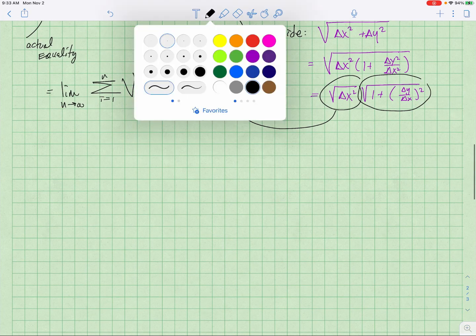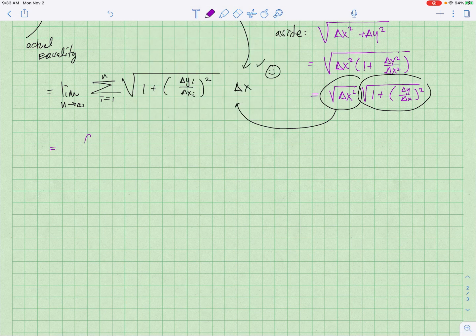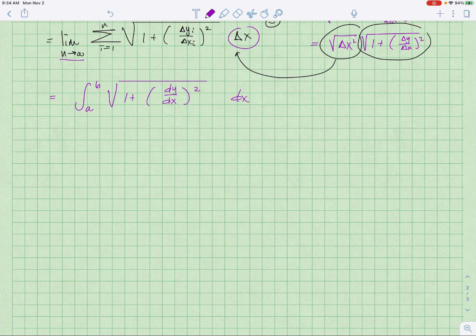And that's going to allow me to rewrite this as the integral from a to b of the square root of... Now, in the limit as n goes to infinity, we don't write this as delta x anymore. It becomes a dx, which means that underneath the radical here, we're going to get 1 plus dy over dx squared.